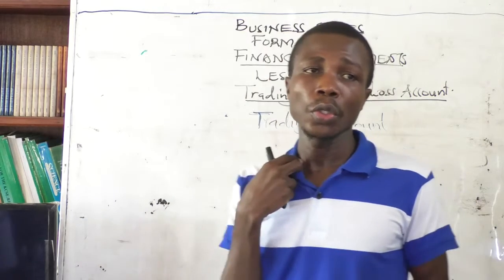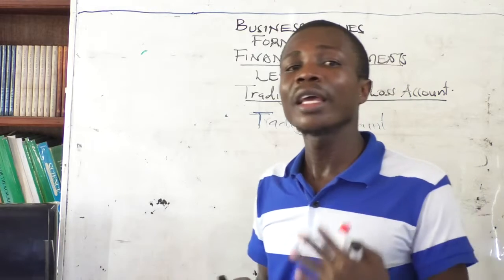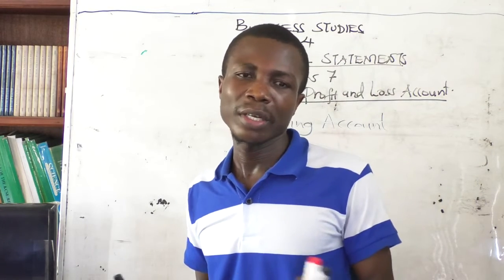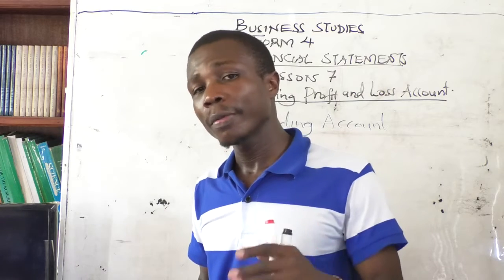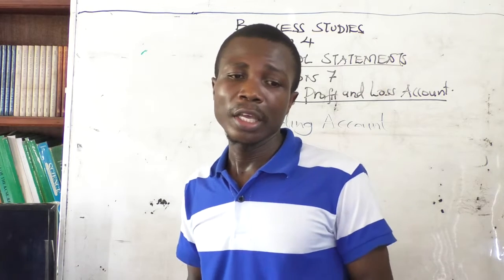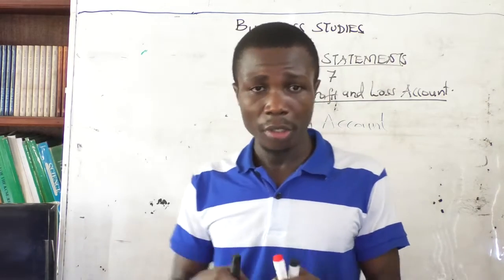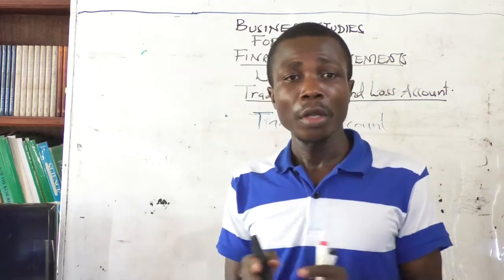You include that stock in the starting of a new business. Then you add any purchase, maybe because you felt that stock was not enough. Then if there are any returns, you subtract them. If you bought a stock and then you return it, you subtract it from the total stock.